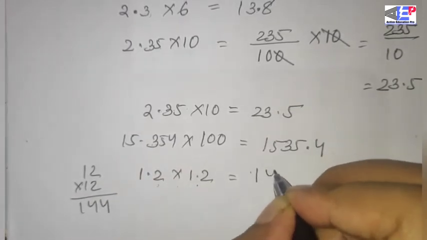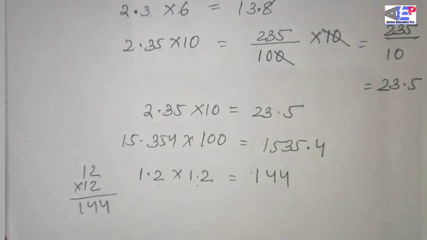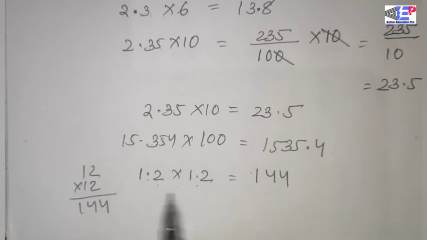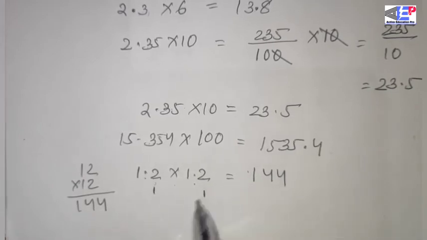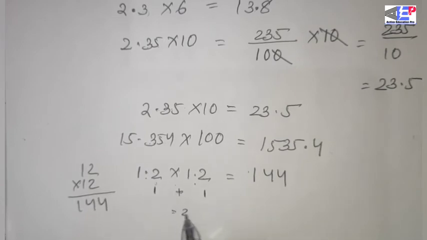So write here 144. Here the first number carries 1 digit after decimal point and the second number also carries 1 digit after decimal point. So add the number of digit places in both these numbers. 1 plus 1 is equal to 2.